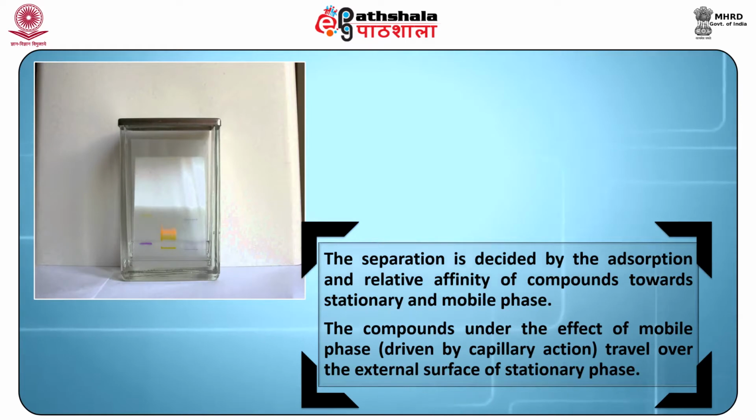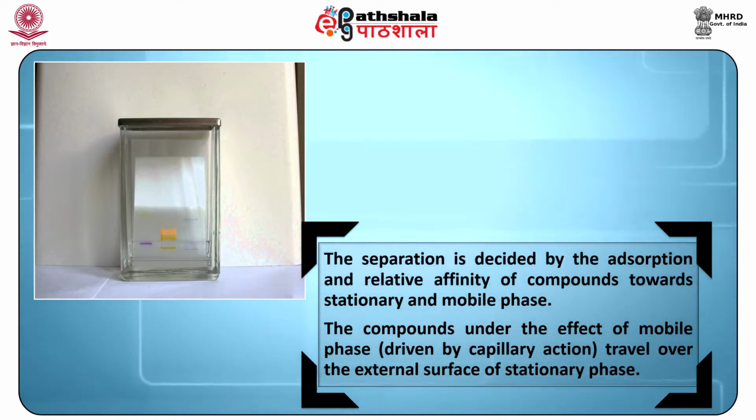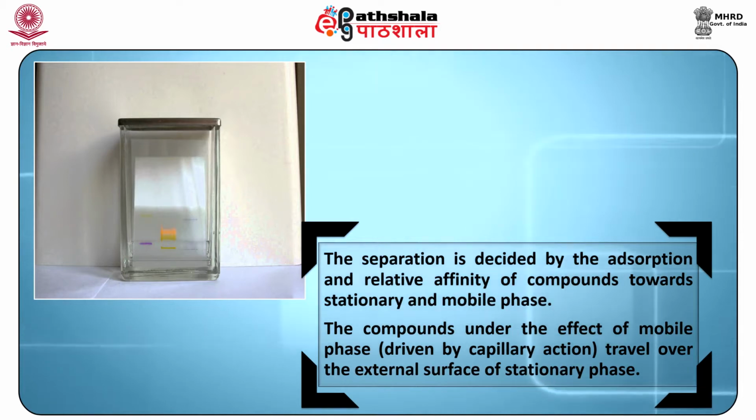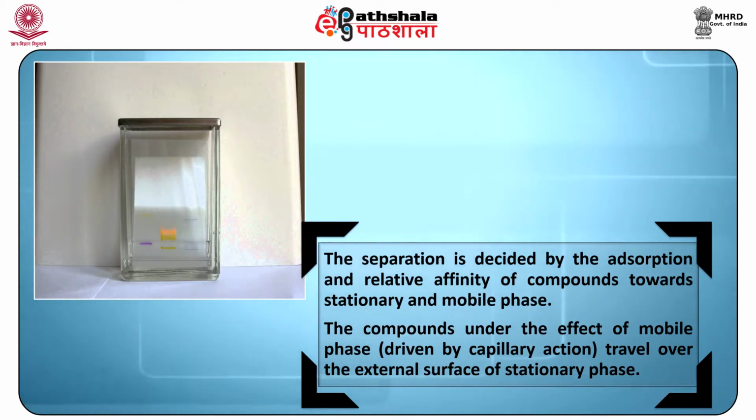Principle: similar to other chromatographic techniques, TLC is also dependent on the principle of separation. The separation is decided by the adsorption and relative affinity of the compounds towards the stationary and the mobile phase. The compounds, under the effect of the mobile phase, which is driven by capillary action, travel over the external surface of the stationary phase.